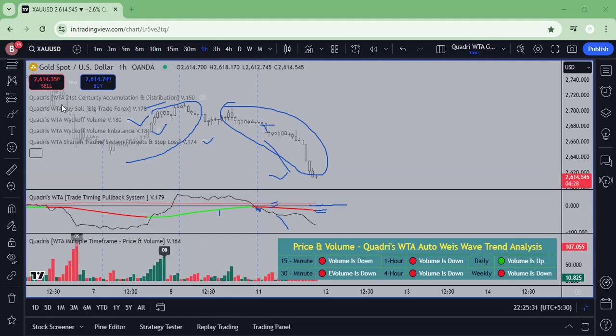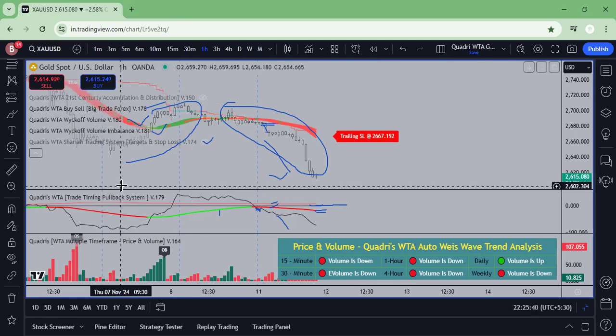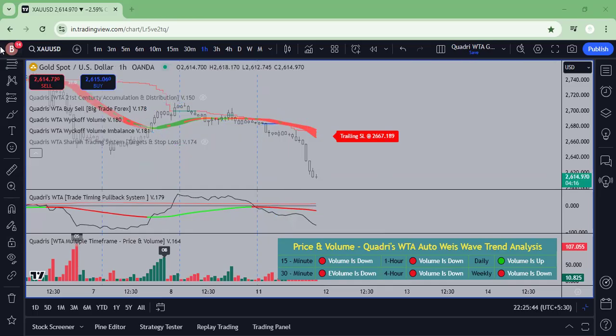Now to assess that, I would use 180, 181, 178 indicators. I want things to be in sync with each other. Today is 11th November.